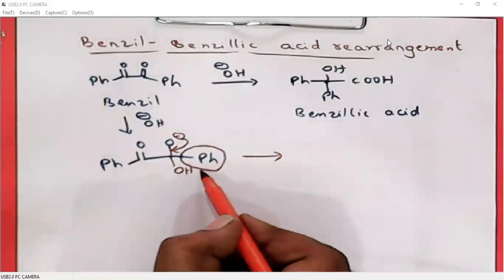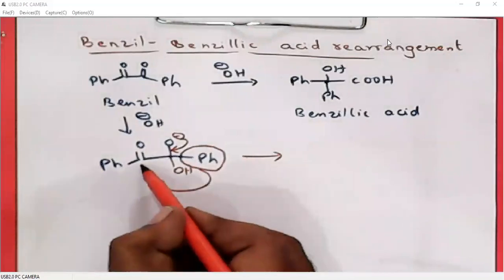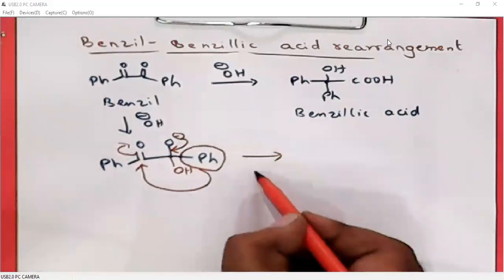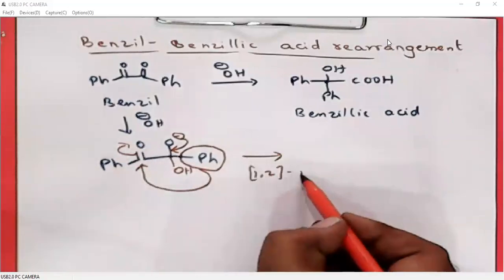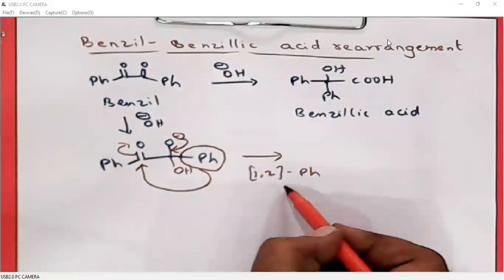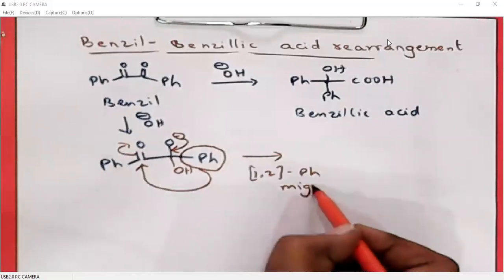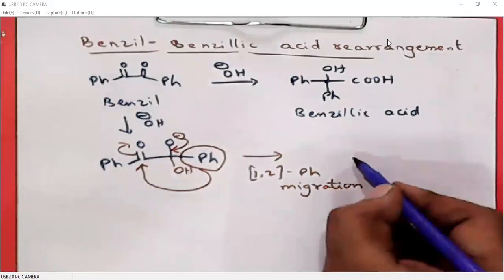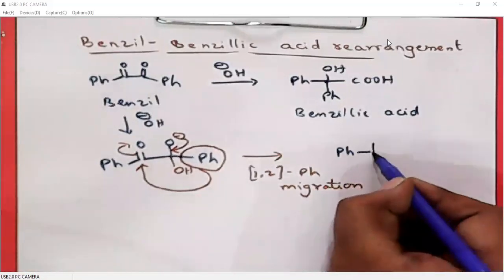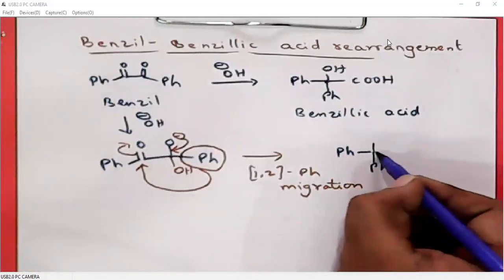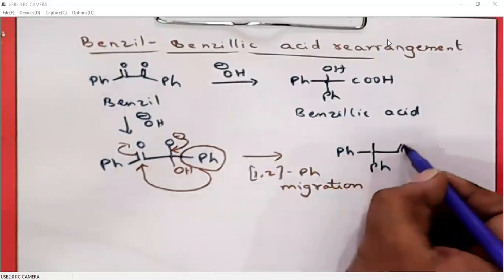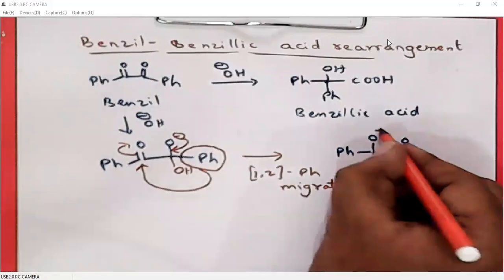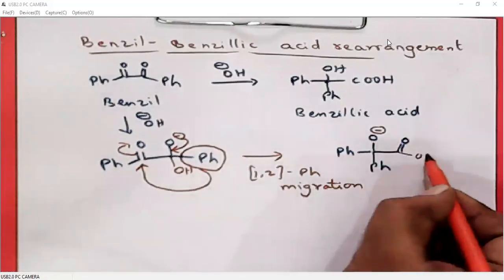So here we will have a 1,2 alkyl shift, a 1,2 phenyl shift, phenyl migration. So because of 1,2 phenyl migration, negative charge is there, and we have OH.